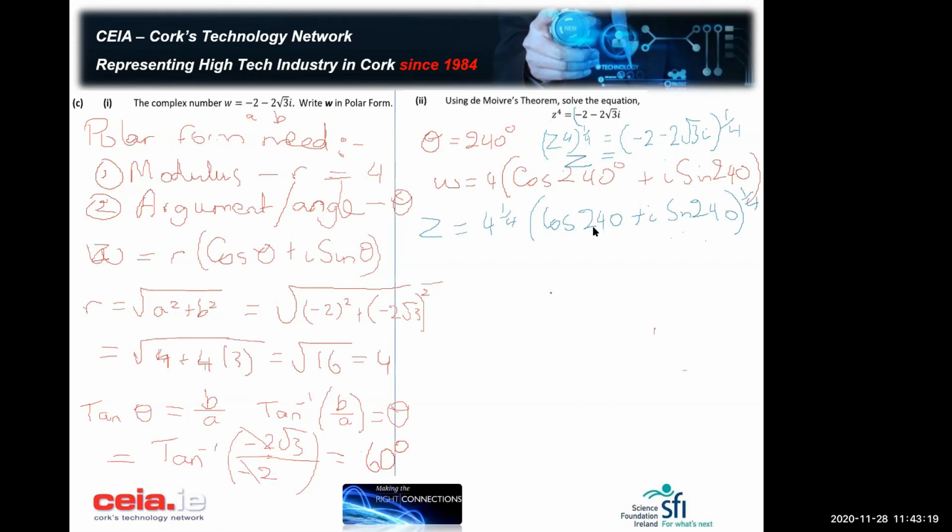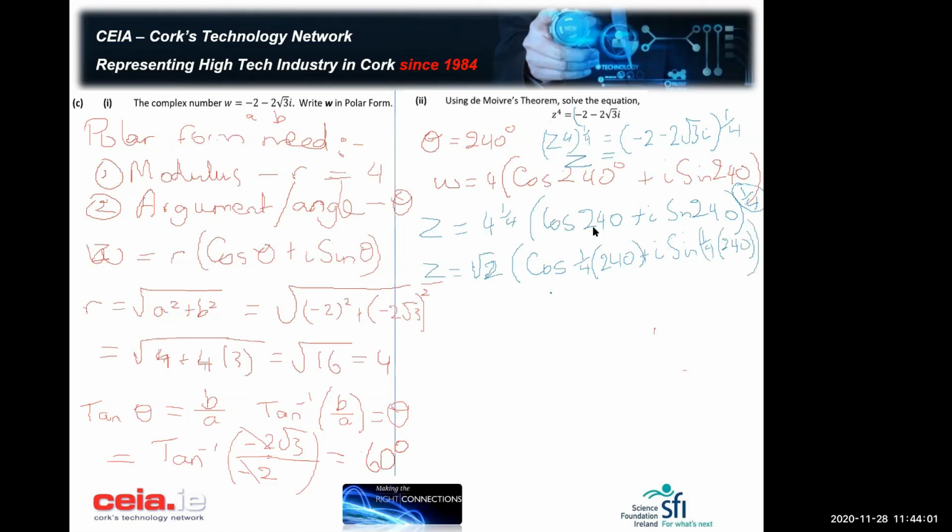And remember, with De Moivre's theorem, you can multiply the power into the angles of the polar form. So what you're left with is 4 to the power of a quarter, which is square root of 2, by cos of a quarter by 240 plus i sine a quarter by 240.